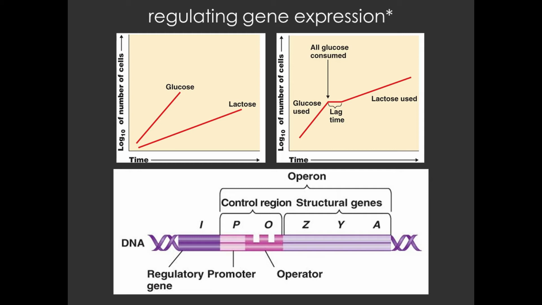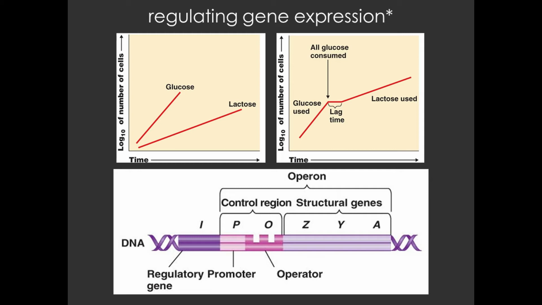If you saw these two graphs, you might be tempted to think that if you grew the bacteria on glucose and lactose, you'd end up with a line sort of in the middle of glucose and lactose where the cells are catabolizing both equally. When you actually grow cells on both glucose and lactose, though, you see something really interesting.